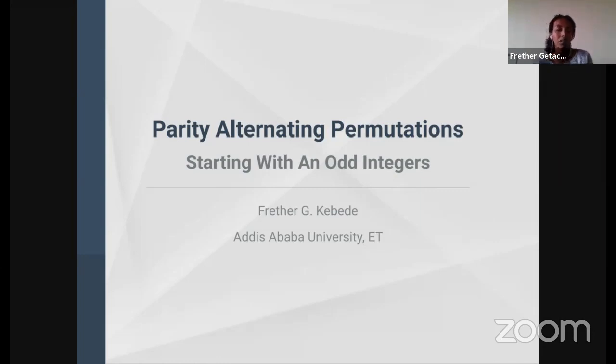A derangement is a special kind of permutation where no element appears in its original position. Coming to my presentation, we have studied a particular kind of permutations called parity alternating permutations.